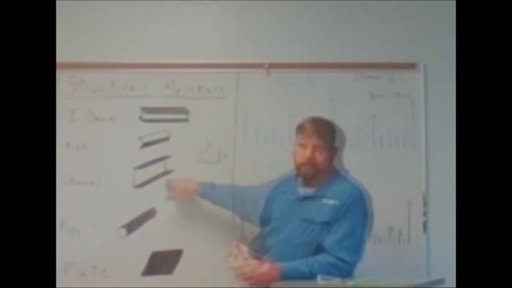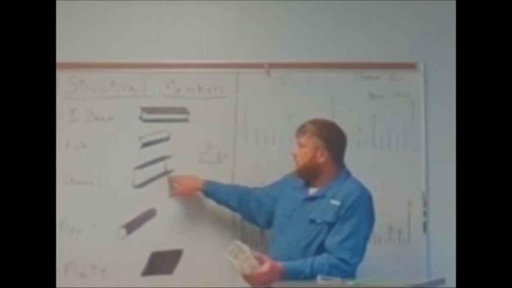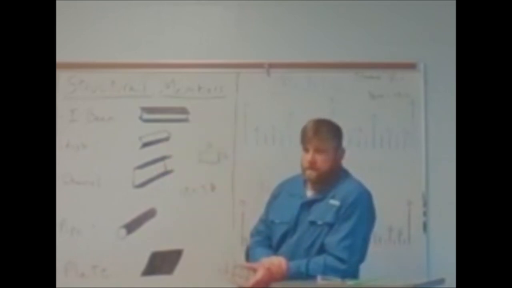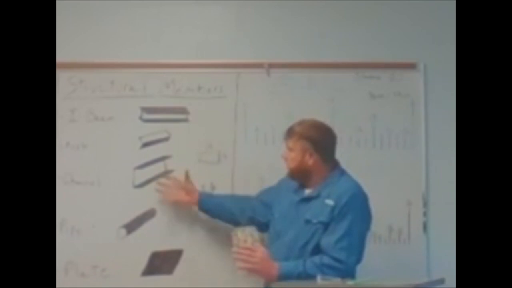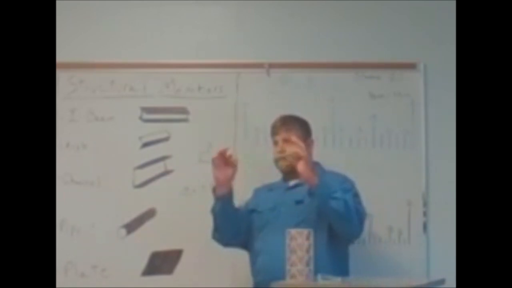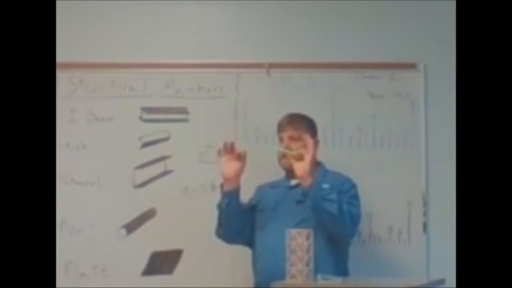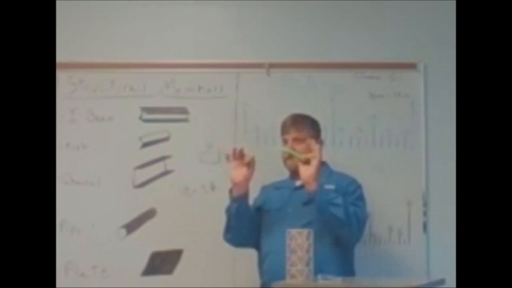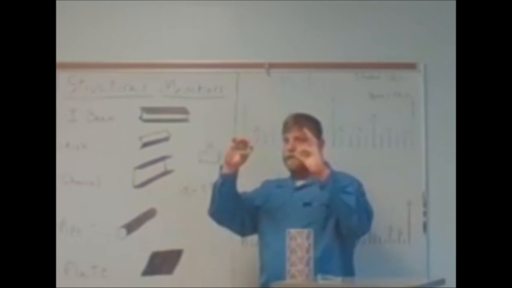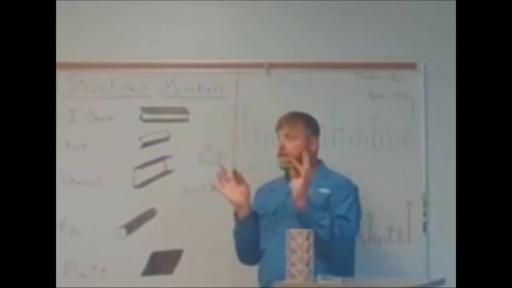Everybody see that? Does channel iron counter more forces than angle iron or less? Look at how it's built, how many pieces it has. Remember when we built the bridge, I said there's not much structural integrity in this direction with a flat piece of plastic or metal or foam.